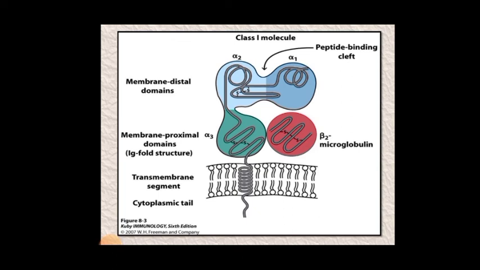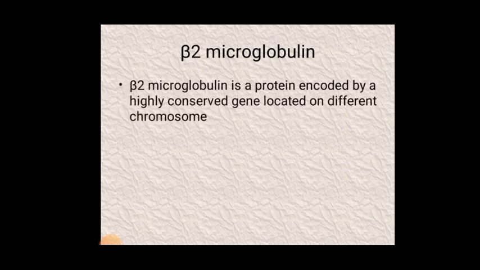And the beta 2 microglobulin, which is the other component within the MHC class I molecule, is non-covalently attached with the alpha 3 domain. This beta 2 microglobulin is a protein encoded by a highly conserved gene located on a different chromosome.